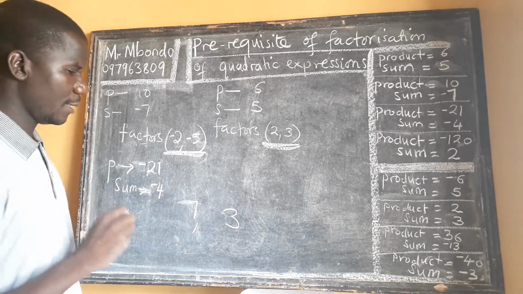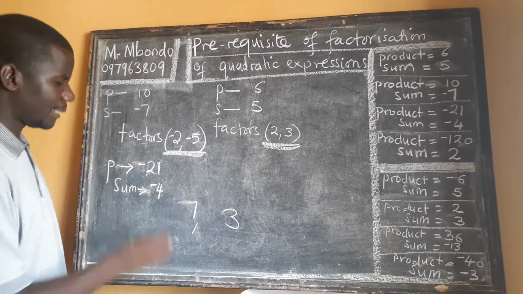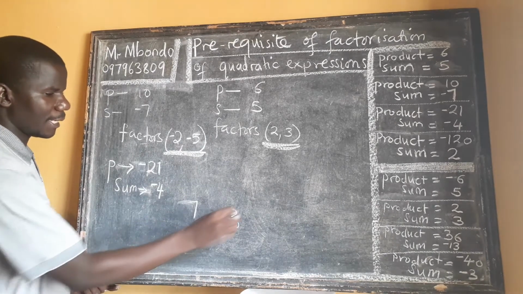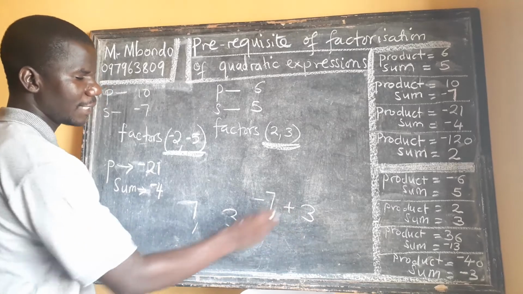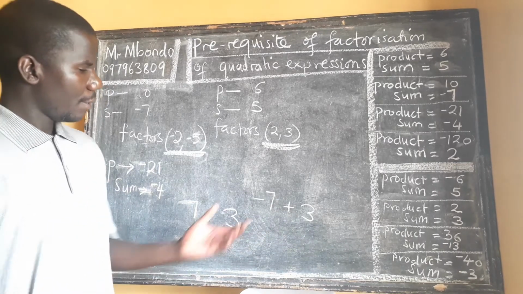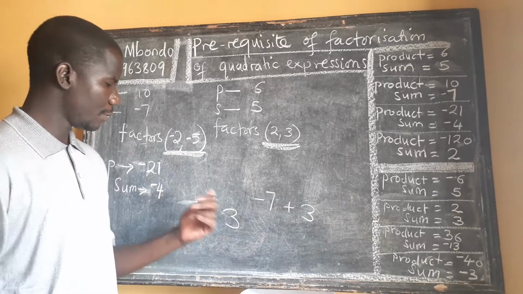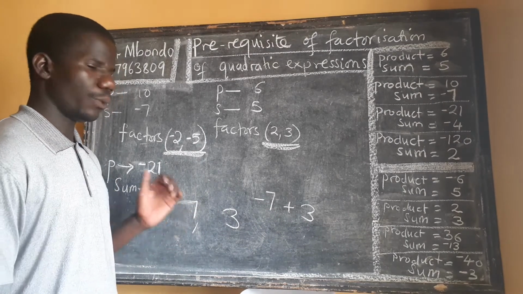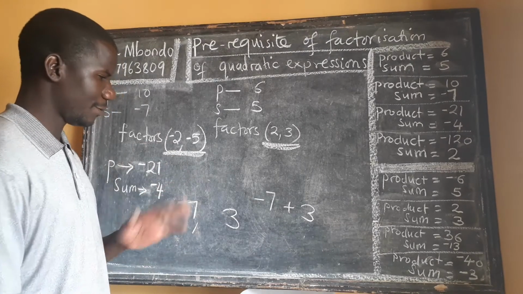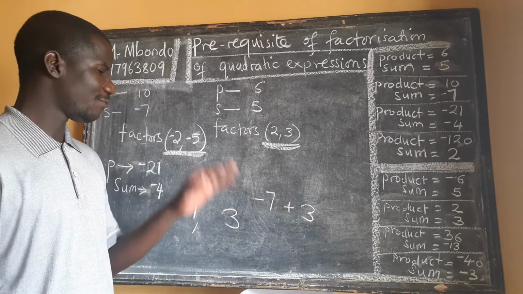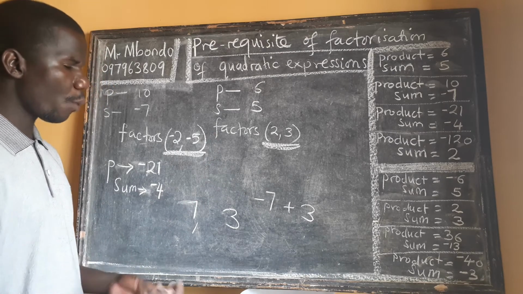So that is why you have to try out now if you have issues. But straight away here, we are going to have negative 7 plus 3. When you add these two, you get negative 4. That is very important for you to note. Why?